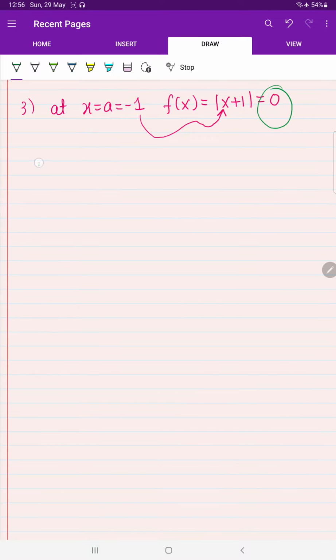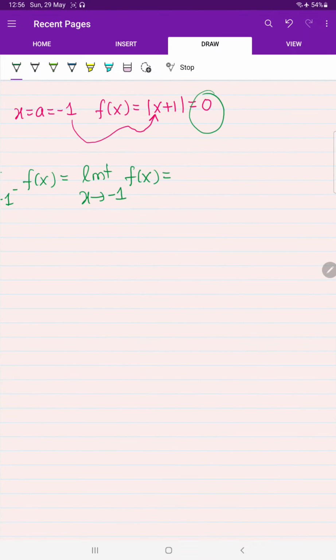Limit when approaching from the left hand side, x approaching minus 1 minus of f of x, we got 0. This will be equal to the value at the center point, f of a, which will be equal to the right hand side limit, x approaching minus 1 from the right hand side.